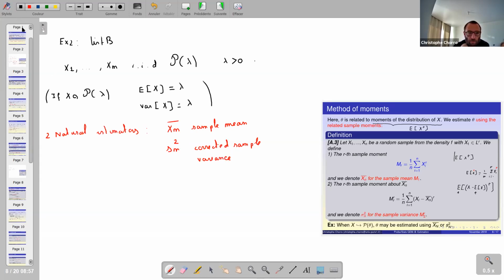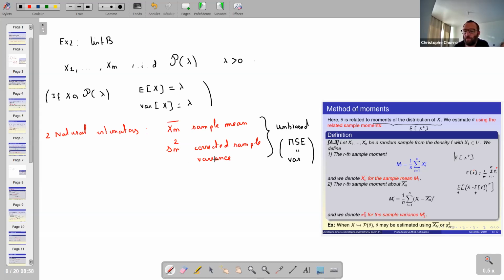I know that these two estimators are unbiased estimators. So in this case, mean square errors are just variances of the estimators. I am in this situation.